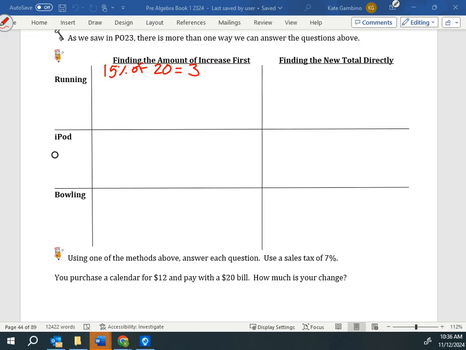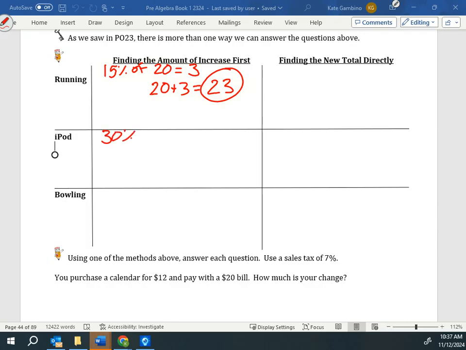Now we're going to take that 20, we're going to add that 3 to it, and we're going to get 23. So you can find that amount that you're increasing by, and since we're increasing, we're adding, so you just add them together. So let's look at the iPod.